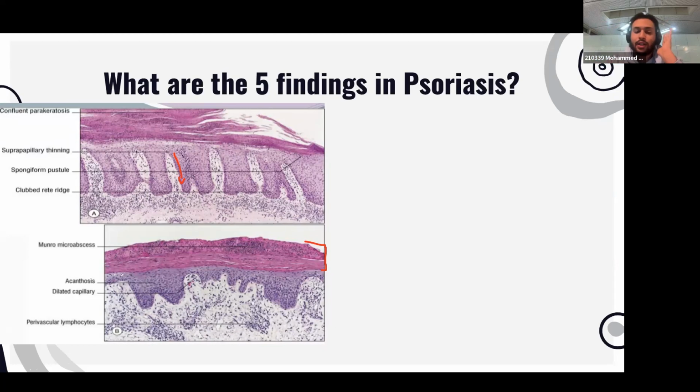Now, you see here the entire thickness is also enlarged, so you have acanthosis, and then you have something which is this, that in the dermis you have these dermal papilla. Right? This dermal papilla is going up now. So if you look at the actual skin layers, from here all the way till here, it's very thin, right?